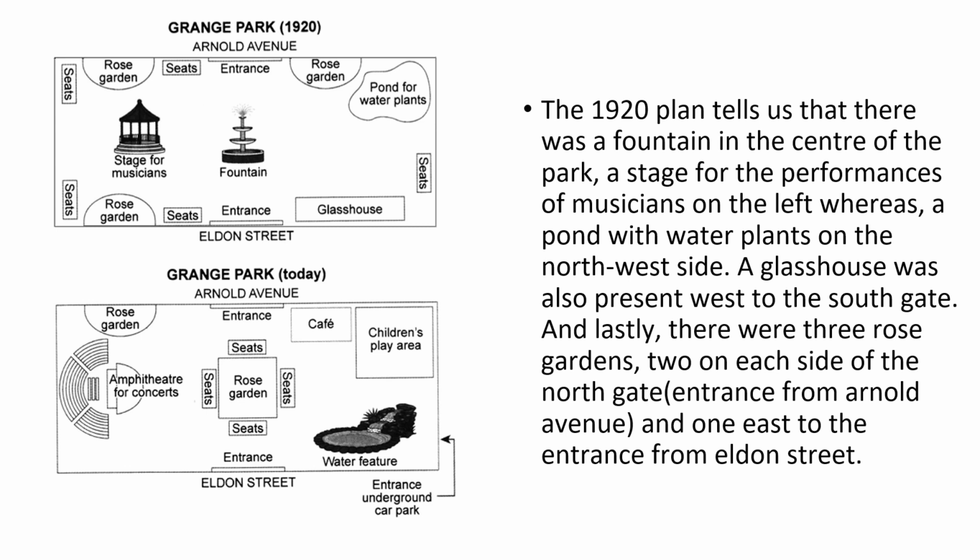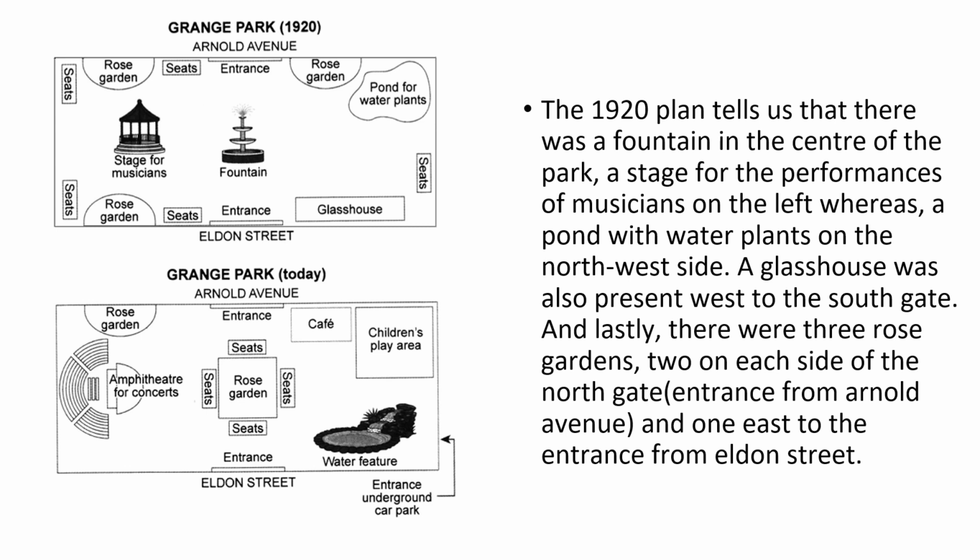The only issue here, I think, is again the confusion with the direction, because it says here water plants on the northwest side. I think the point with the water plants should be on the northeast side. And also the glass house was also present west to the south gate.